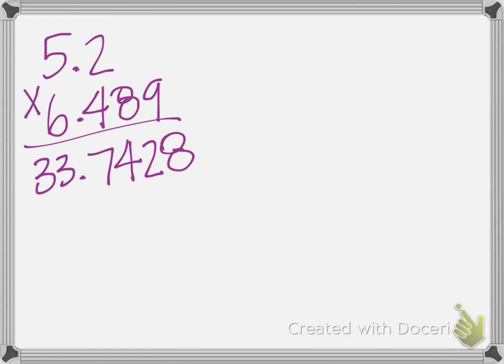There will never be a question where you have to ask me or someone else, how many digits should I round to? How many numbers should I keep after the decimal point? In science, you will always know how many numbers to keep in your answer, and it's because of the significant figure concept. 5.2, if that came from a measurement, that measurement was certain to 2 sig figs.